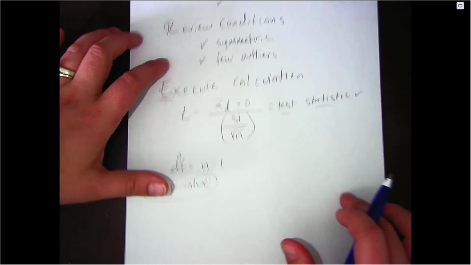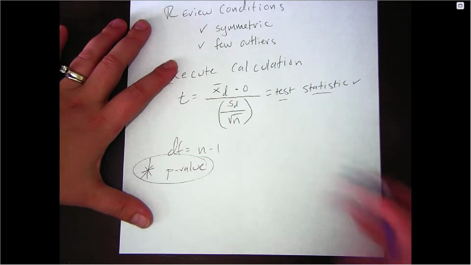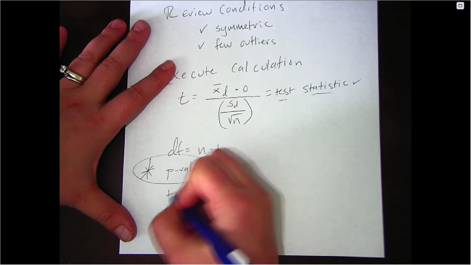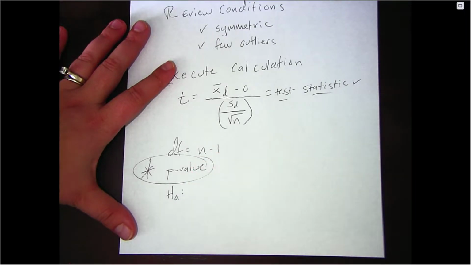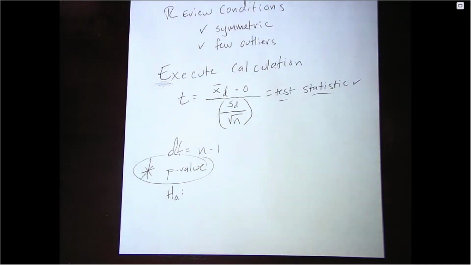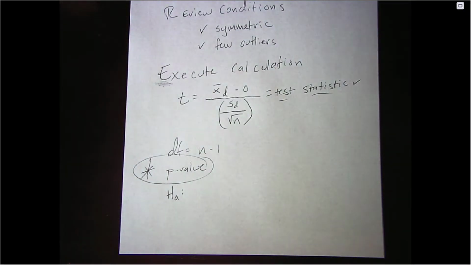The same is true here. We still have the probability of getting what we did or something more extreme, but now it is going to depend on our alternative. Whatever our alternative is, that's going to be the more extreme area, and I will just remind you of some of the alternatives that we've discussed.